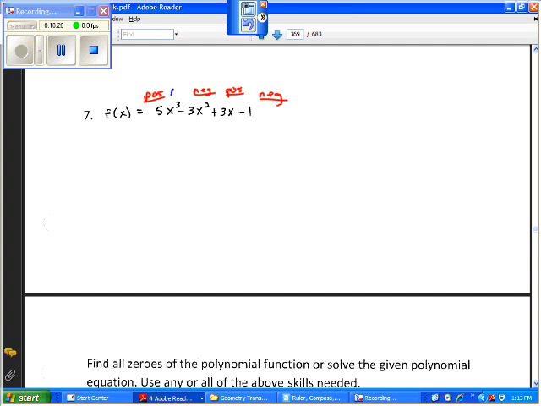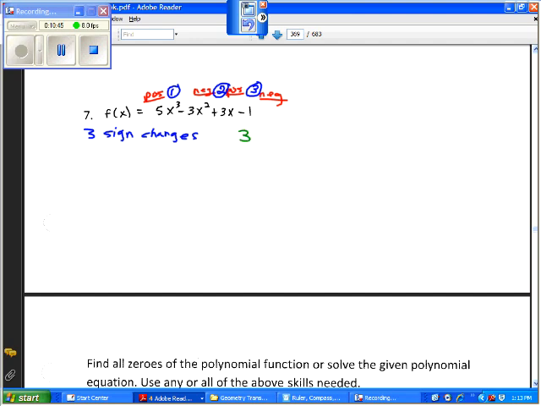Now, it went from positive to negative between the first two terms, so there's one sign change. It went from negative back to positive, so there's two sign changes. It went from positive back to negative, so there's three sign changes. So there are three sign changes in the original function.